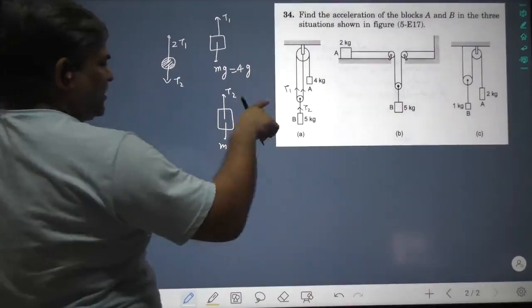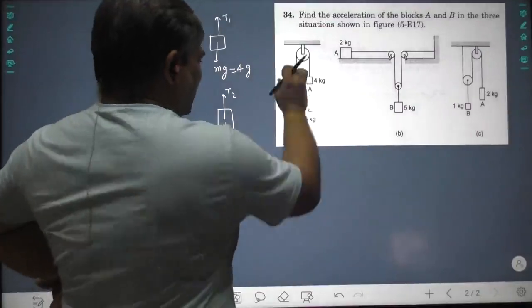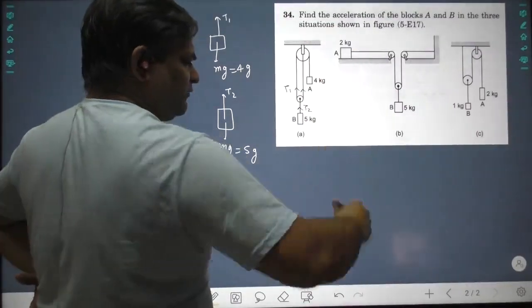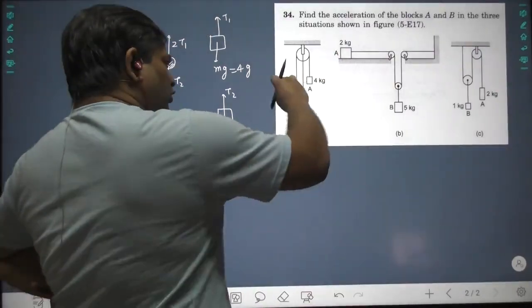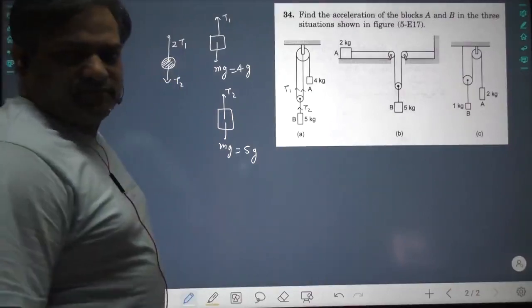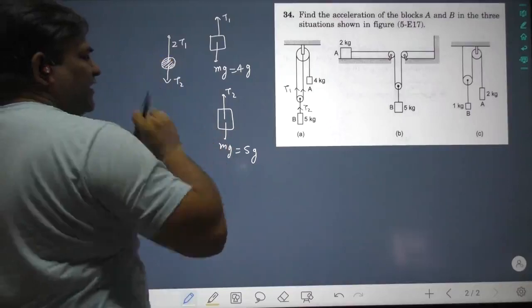So we have a relation between T1 and T2. Remember that even if the massless thing is moving, it doesn't matter. All the forces about a massless object should always be balanced. This you must always remember. So this gives a relation between T1 and T2.